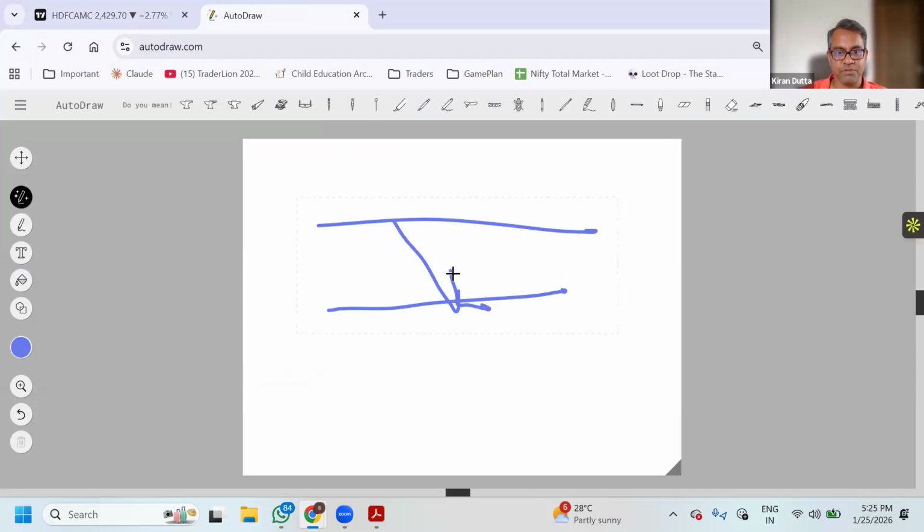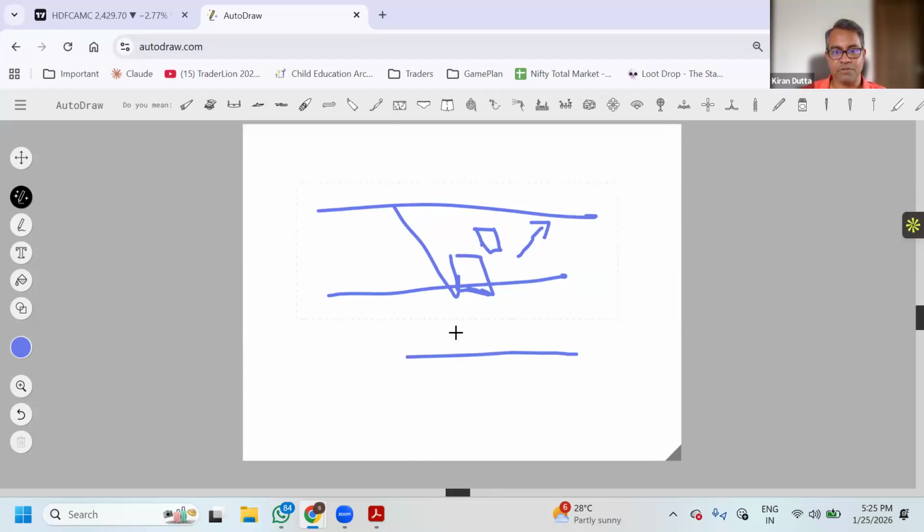On Tuesday a green candle may come because it's a support line, and if there is another follow-on green candle, I will take a long position here. Second scenario, the stock may do nothing and consolidate near this line.